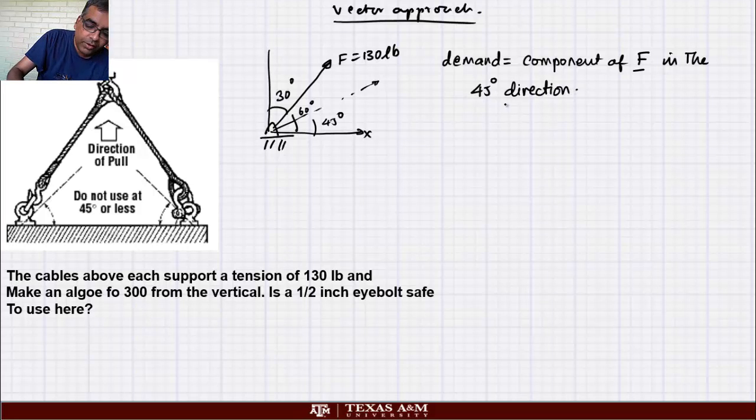So first we have to figure out what do we mean by direction. Direction in vector speak, this is unit vector, magnitude 1 at angle 45.